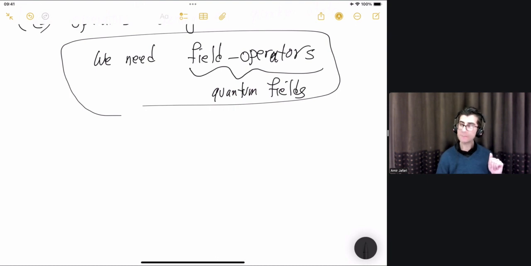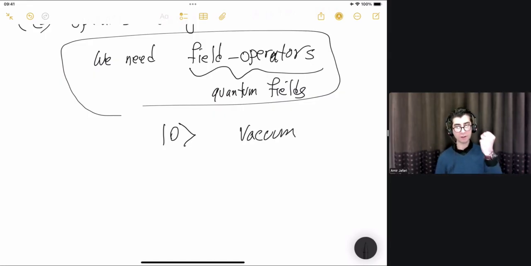Your system is in a state with no particles. You have vacuum. The vacuum is the quantum state in which there is no particle. Let's use Dirac's bracket notation and call it |0>. This is the vacuum.